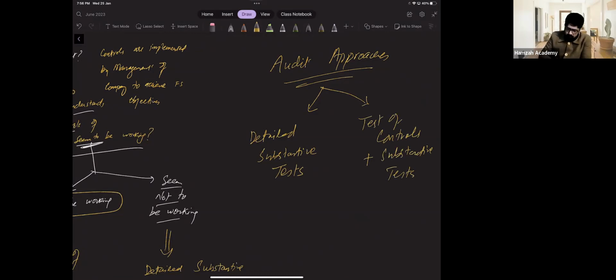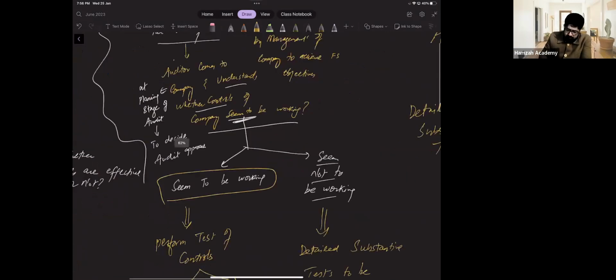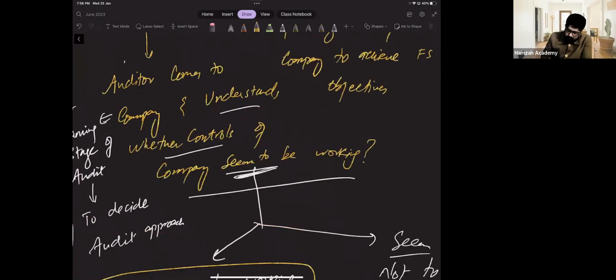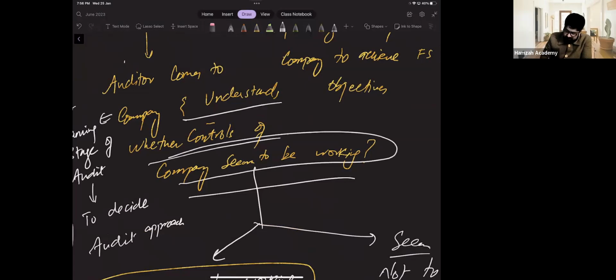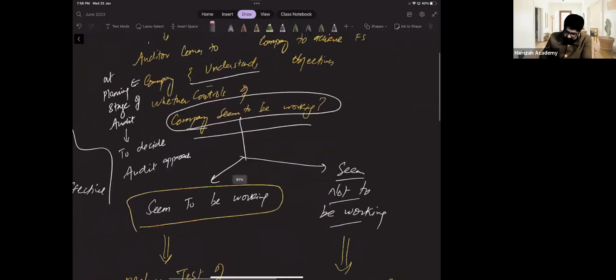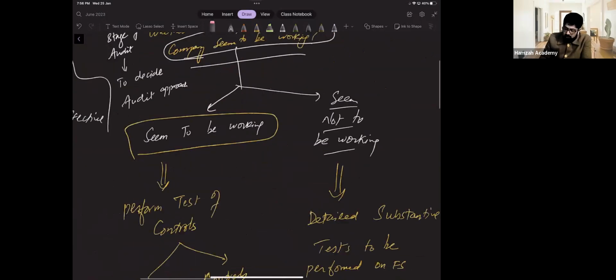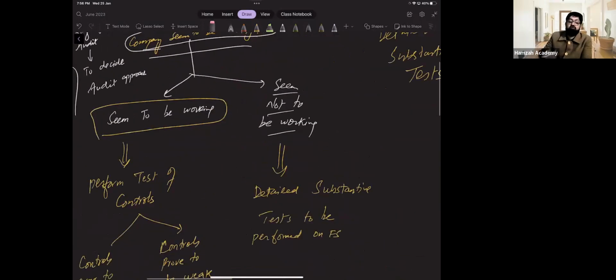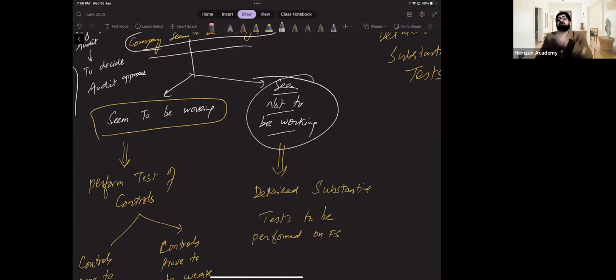So at the planning stage, the auditor assesses and understands whether controls seem to be working or not. Then the approach will be decided upon that. If they seem not to be working, direct detailed substantive test, because controls are not working, there is a risk.